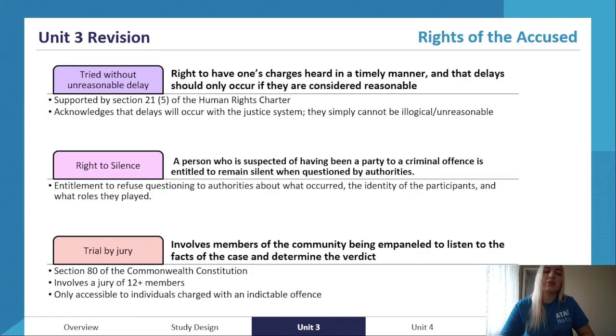They're only accessible to individuals charged with an indictable offense, which in Victoria is enforced by state level legislation, but at Commonwealth level, so for crimes that fall under the High Court, Section 80 within the Constitution includes the entitlement for trial by jury for Commonwealth indictable offences, but not state level.